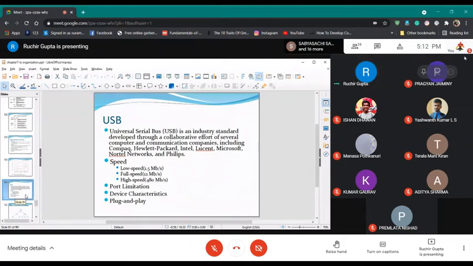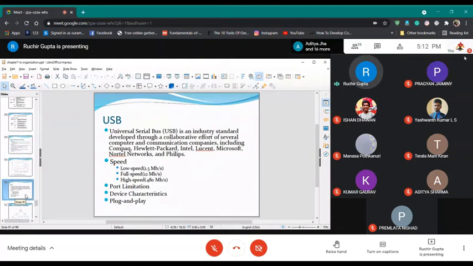And it supports a variety of operations. It supports a keyboard that has a very small amount of data to transfer, maybe 100 bytes per second. And it also supports high-speed data operations like 480 Mbps or so. It also supports asynchronous data transfer, where the time of arrival is not important.